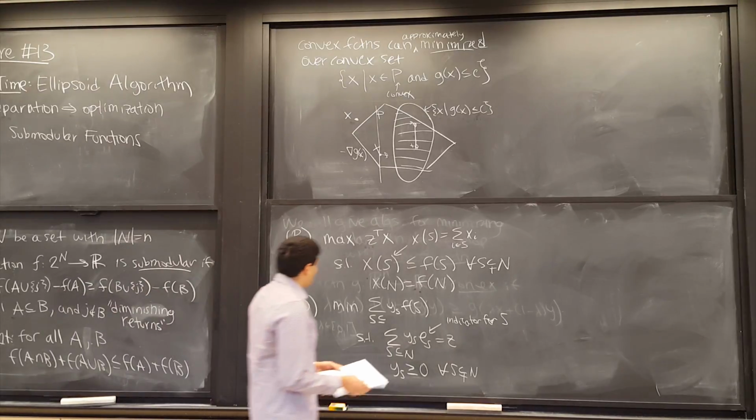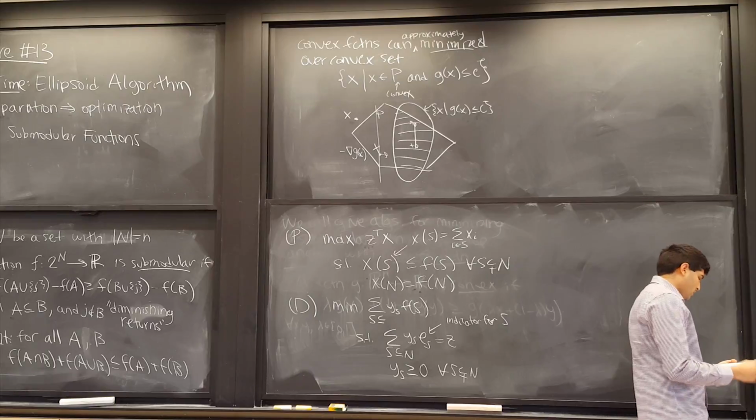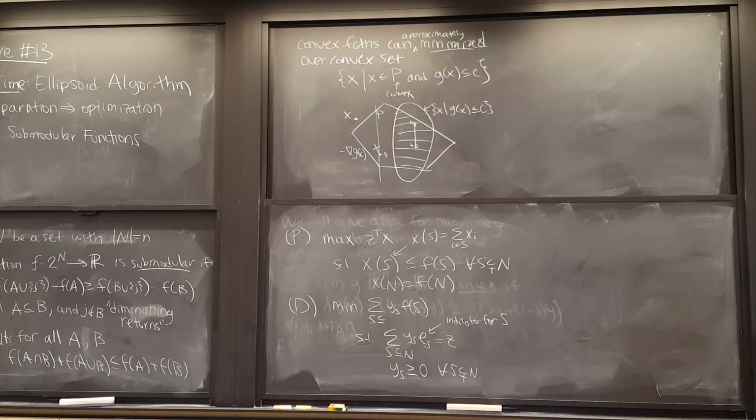So let me tell you the key lemma. From all of this, everything else will fall. So here's the brilliant idea. This LP actually has a lot to do with the Lovász extension.